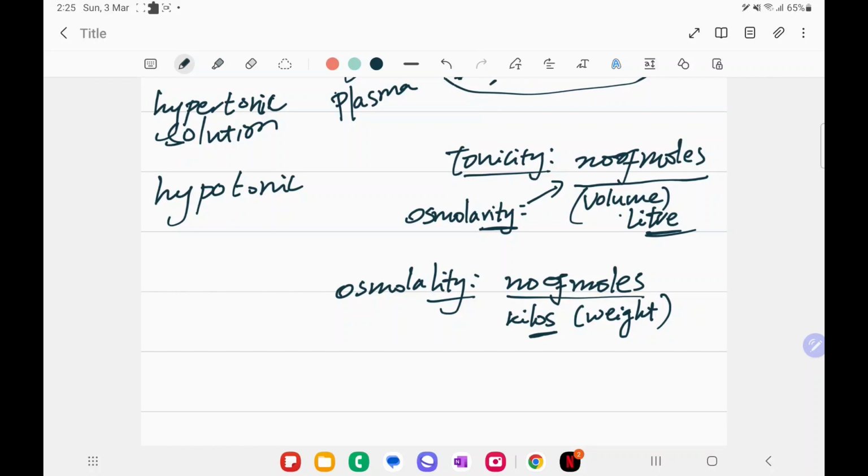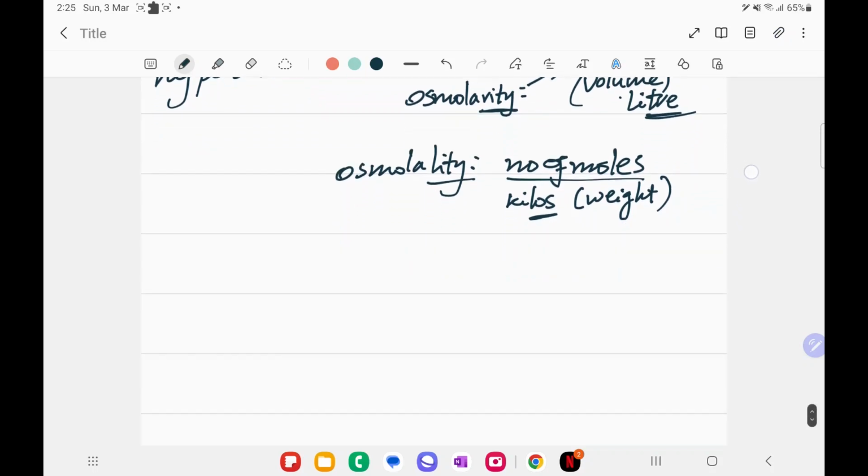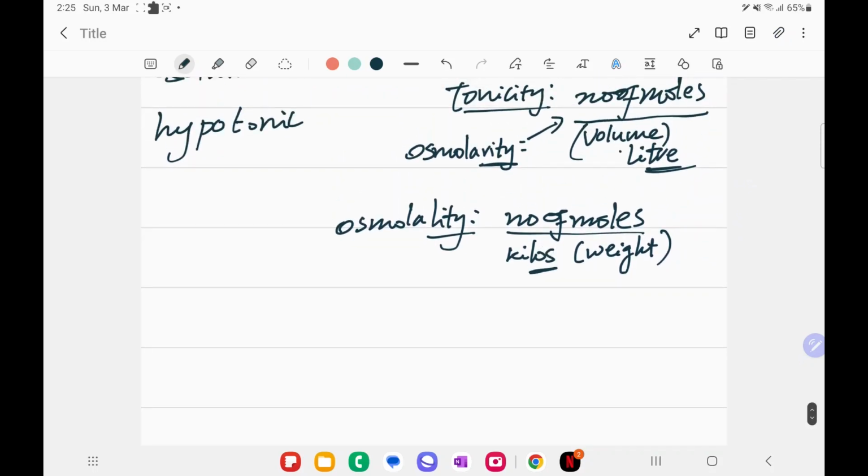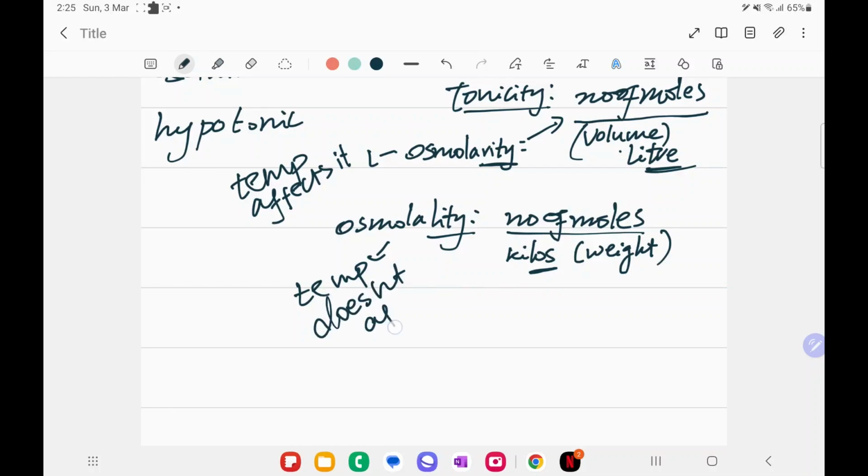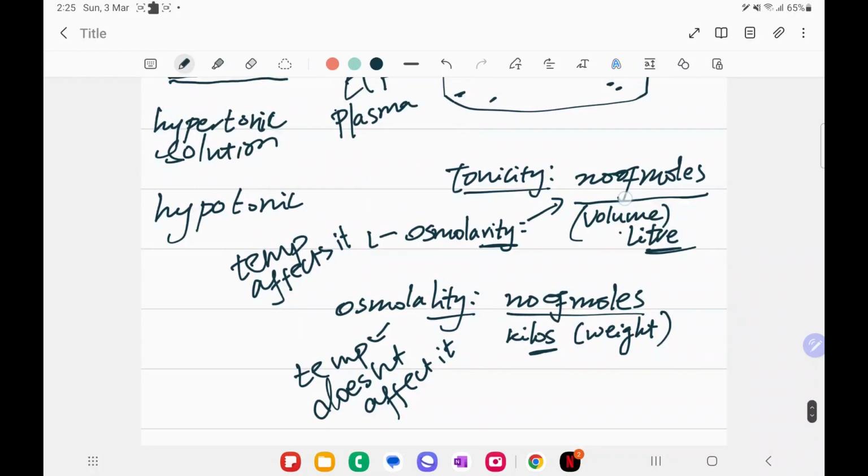The same number of molecules that make up the same amount of weight will be present over there. So this is how you compare osmolarity versus osmolality. Osmolarity changes with temperature. Temperature affects it. Osmolality, temperature doesn't affect it. So you don't need to take temperature into account.